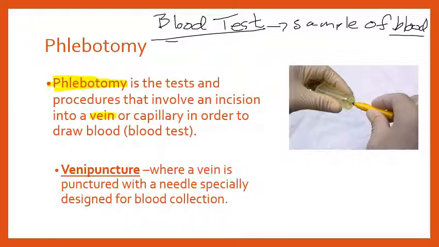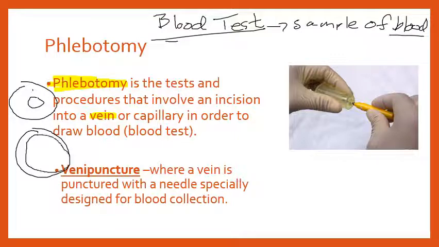We do not stick a needle into your arteries to get blood out, because rupturing an artery can cause major problems because of the higher pressure. And they're also thicker walled, right? Remember, an artery has thicker walls, so they're going to be tougher to get into than a vein that has much thinner walls. You can, in some cases, depending on the amount of blood you need, use a capillary.